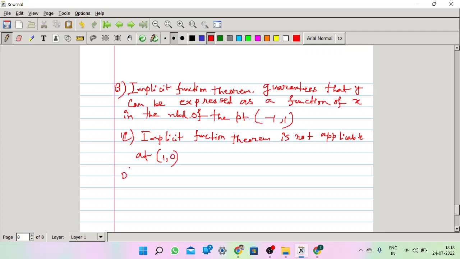And option D is that the implicit function theorem guarantees that x can be expressed as a function of y in the neighborhood of minus 1 comma 1.